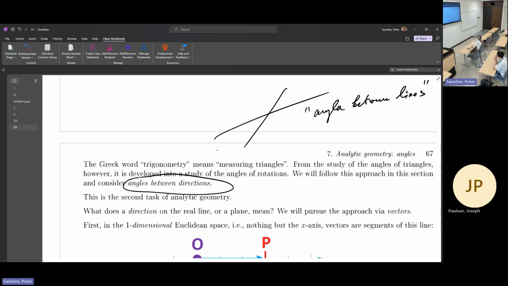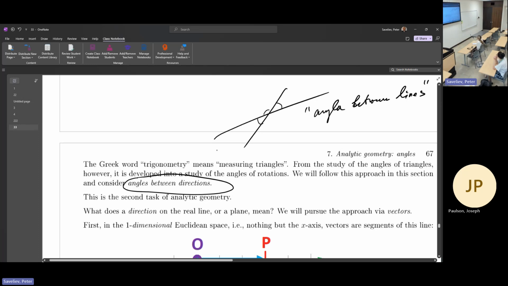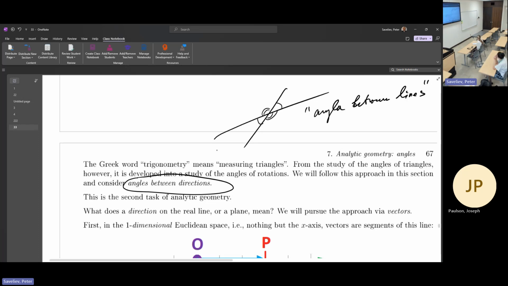Yes, there's ambiguity. There are multiple angles, four angles. Some of them are equal, definitely these are equal, but these are not. So there are two pairs of angles. So which one? Between lines, both of the answers are valid.